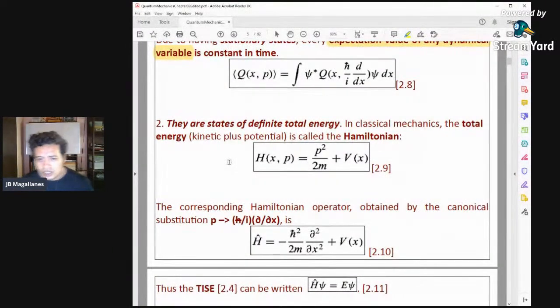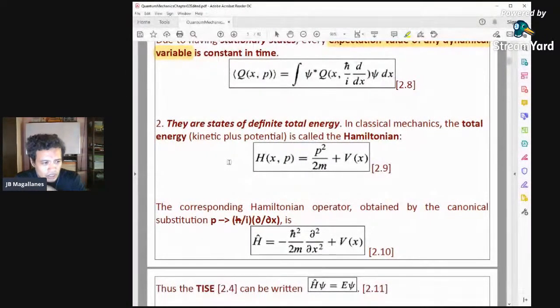Also, the states are of definite total energy. Definite total energy means the energy is not probabilistic or uncertain.